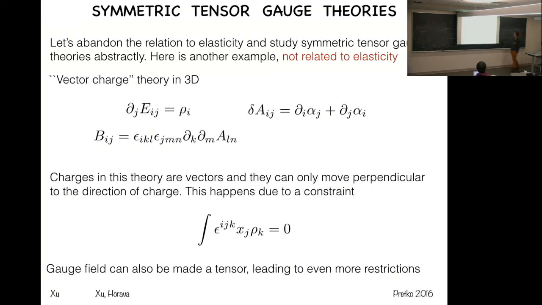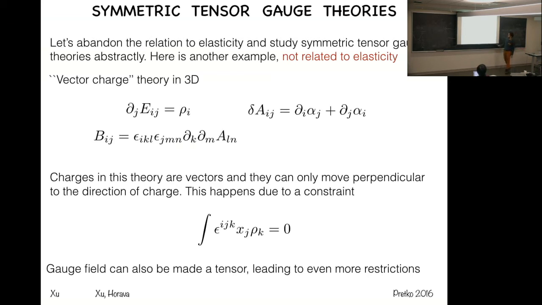In 3 dimensions, you have Gauss law, you have an electric field that's a symmetric tensor, you have a vector potential, which is a symmetric tensor, and you have a charge, which is a vector charge density. And you have a magnetic field and an electric field, and you can write Maxwell theory out of it.